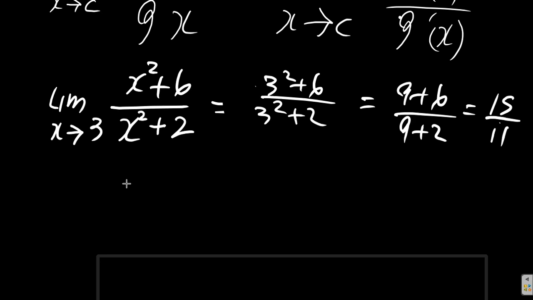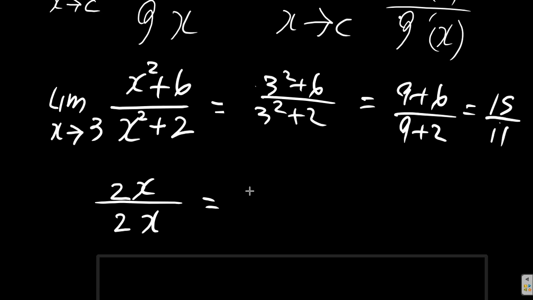Now, suppose you use L'Hopital rule on this anyway, even though you found the limit. You would have, when you differentiate the numerator, 2x divided by, when you differentiate the denominator, 2x as well, right?